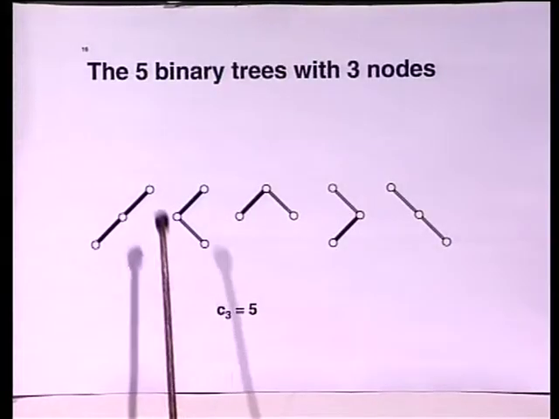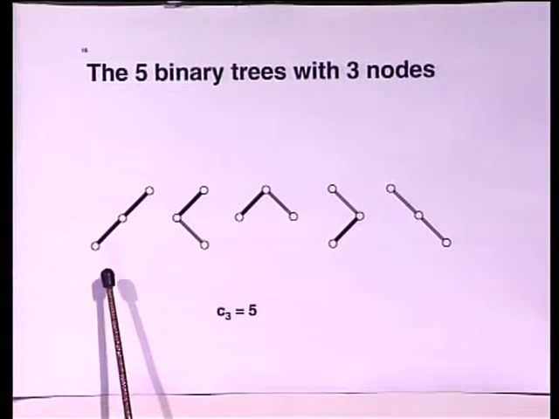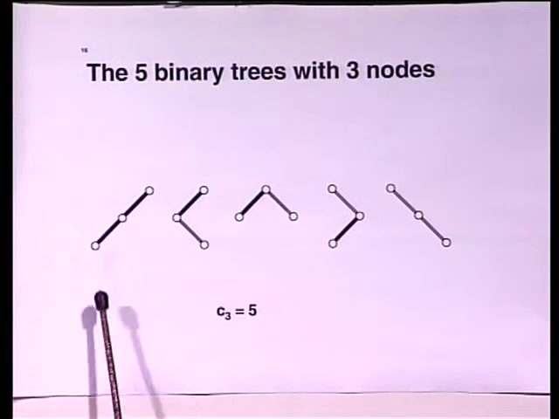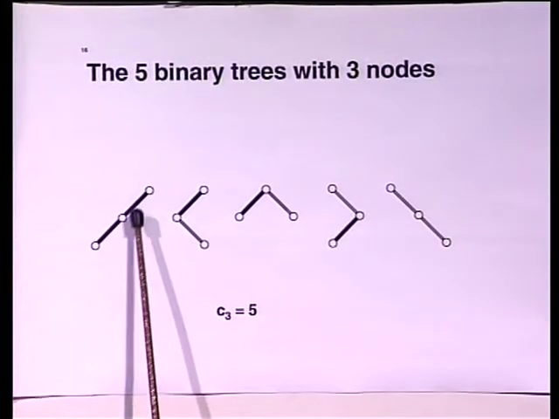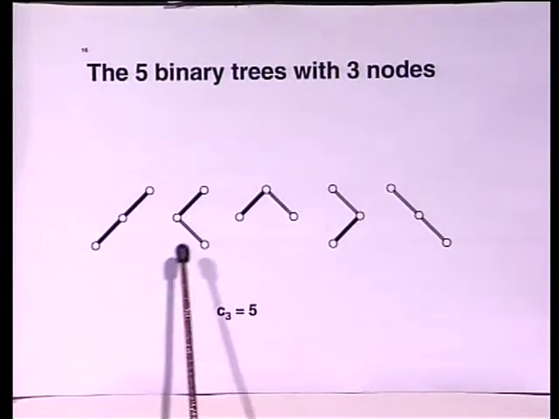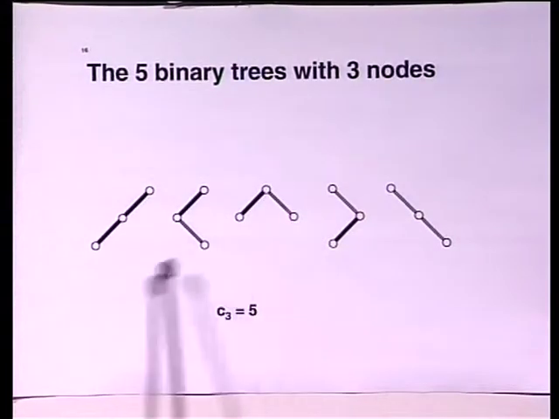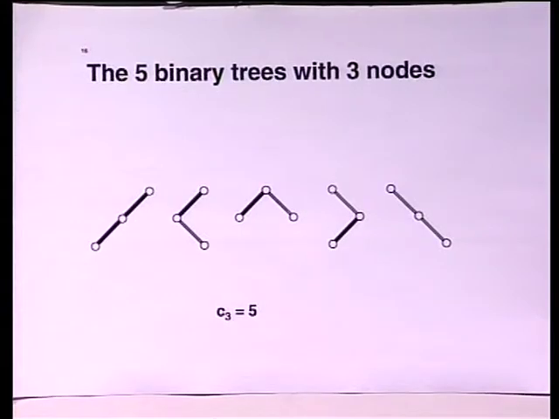And we can confirm that suspicion by looking at the numbers of binary trees with small numbers of nodes. So here you will see the 5 binary trees with 3 nodes. Thick black lines always come down to the left and double lines go down to the right. And there are 3 with 5 nodes.